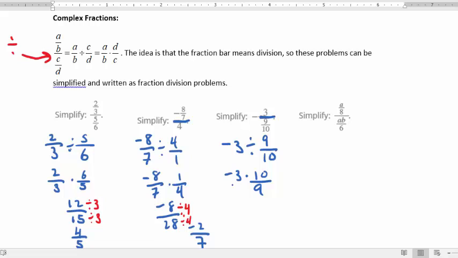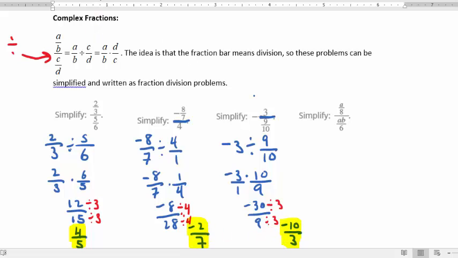And then we'll do brute force, right? It's negative 3 over 1. So negative 3 times 10 is negative 30. 1 times 9 is 9. And then 3 will go into both 30 and 9, so divide by 3, and you would end up getting negative 10 thirds, right? So let me just highlight these ones that were the final simplified versions.